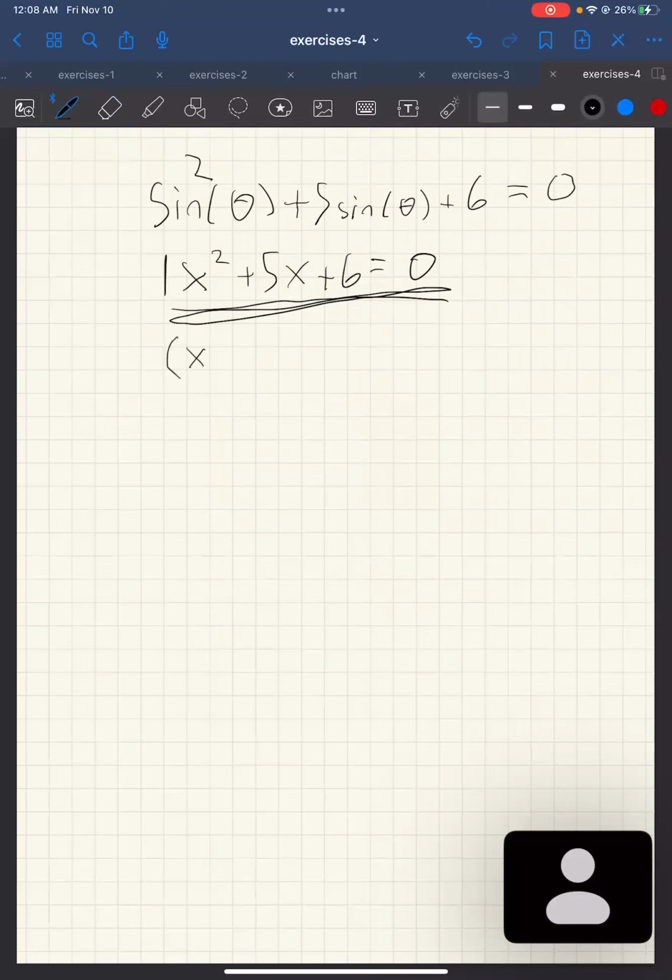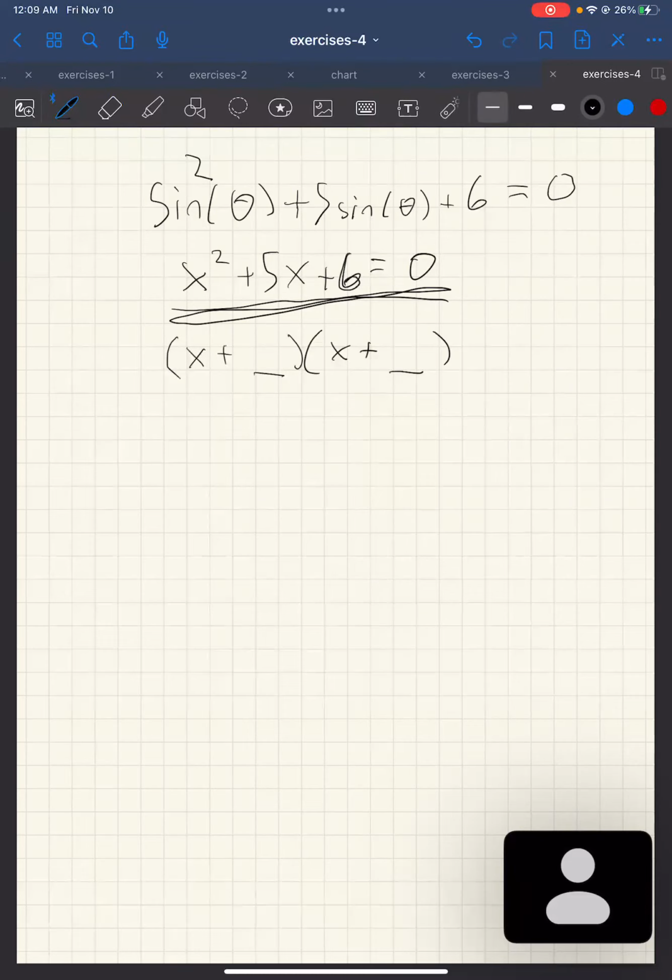There's just a 1 here for the coefficient, so I don't need to worry about anything out front. Now everything is positive, so both of these terms are going to be positive values. The terms get multiplied together to give me the 6, but they will add together to give me the 5.